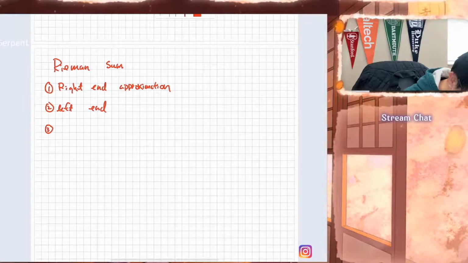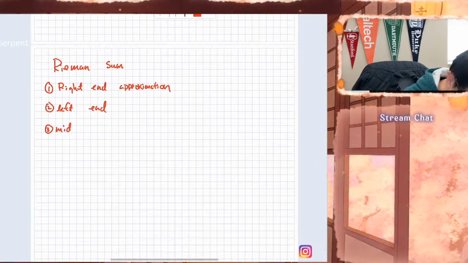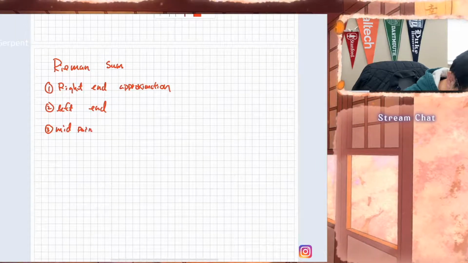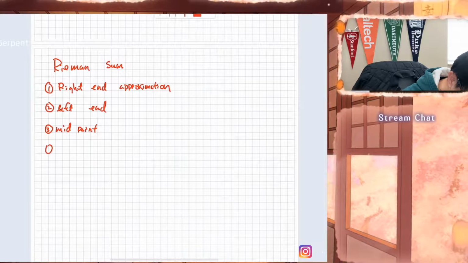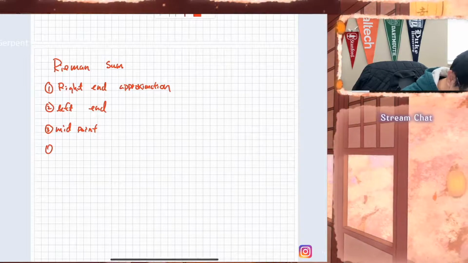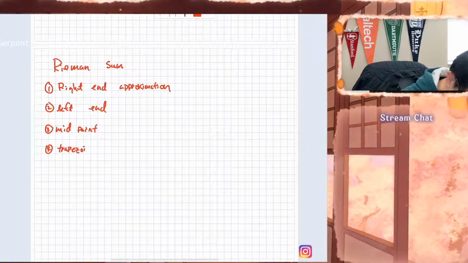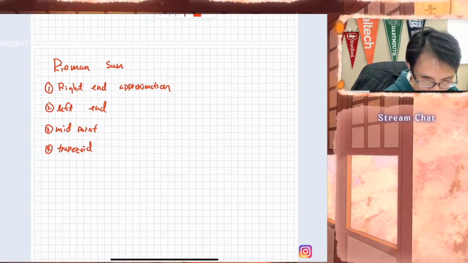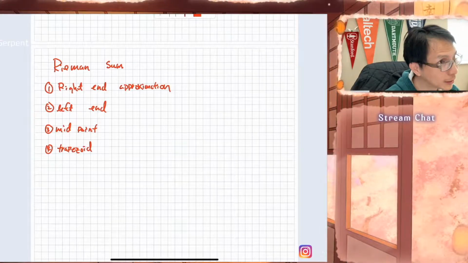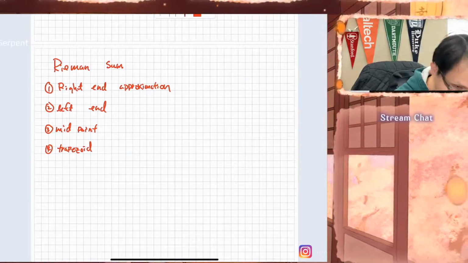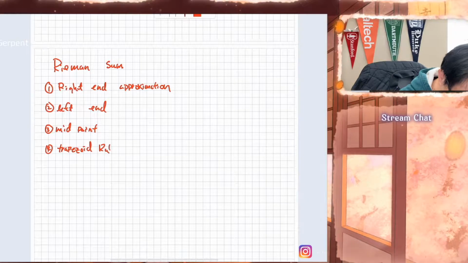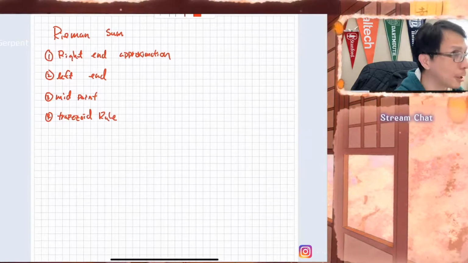And 3, there's midpoints. And there's 4, there's trapezoid. I don't even know if I spelled trapezoid correctly. Okay, trapezoid rule. Okay, so let's start with a simple stuff.